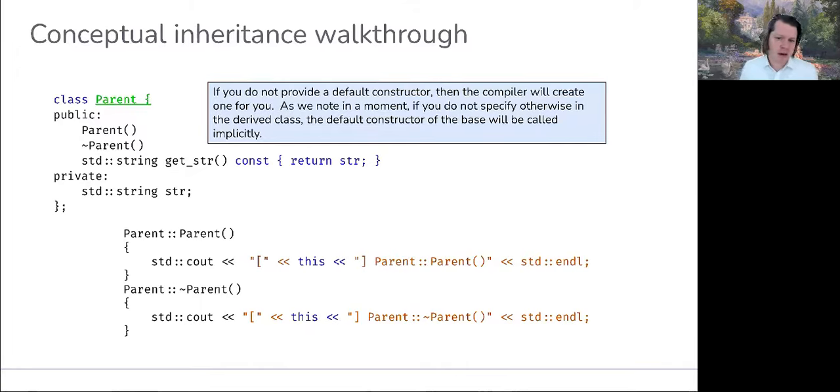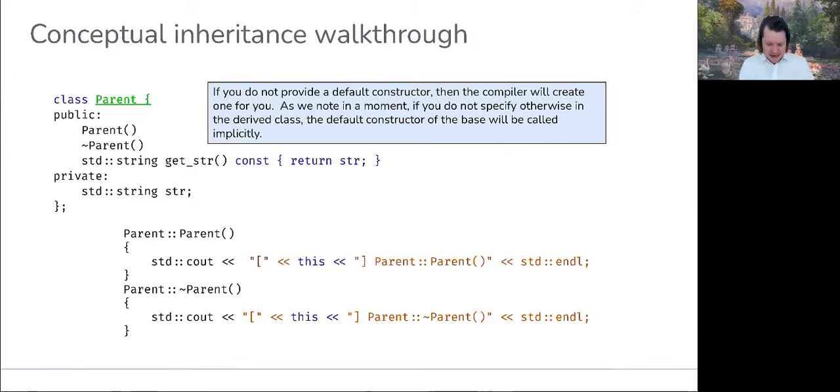One important thing to note is that if you do not provide a default constructor, then the compiler will create one for you. As we will note here in a minute, if you do not specify otherwise in the derived class, the default constructor of the base class will be called implicitly. So where am I going with all this?